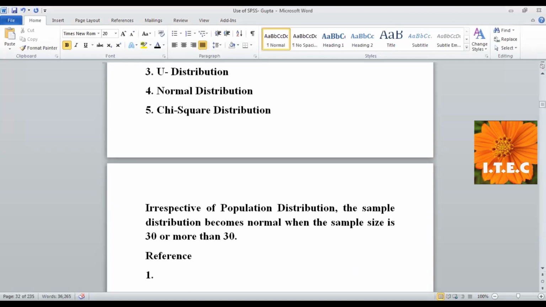There is a book called Business Statistics by Ken Black.